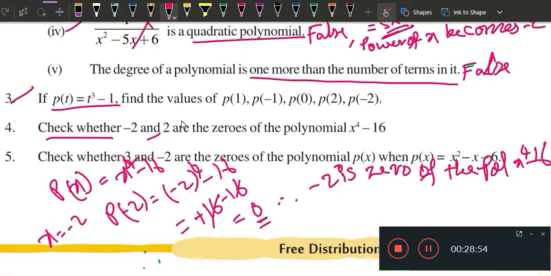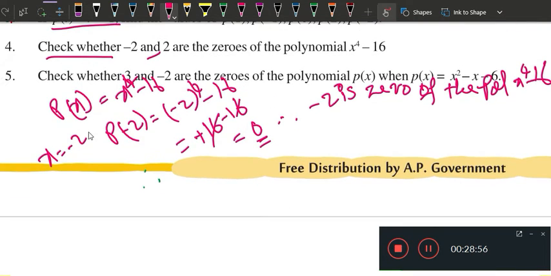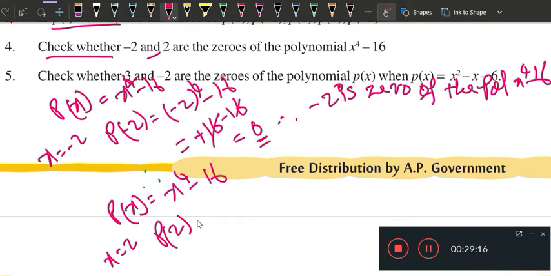Okay, next, similarly, x equal to 2. Look here children. Given polynomial is p of x is x power 4 minus 16. So put x equal to 2. Then it becomes p of 2, that is 2 power 4 minus 16. 2 power 4 becomes 16, 16 minus 16 cancels and we get 0.